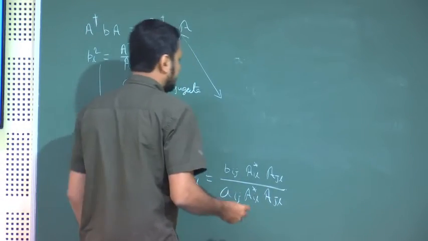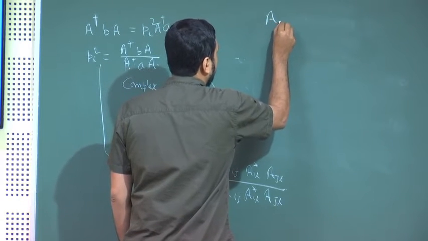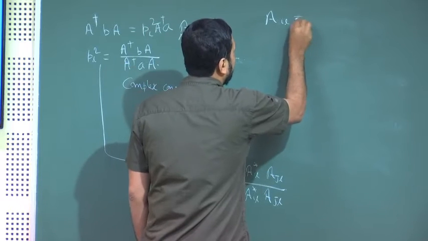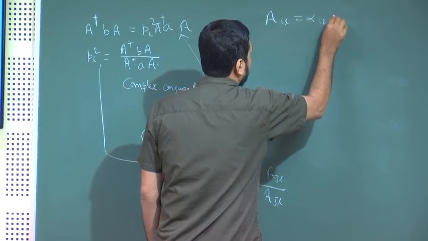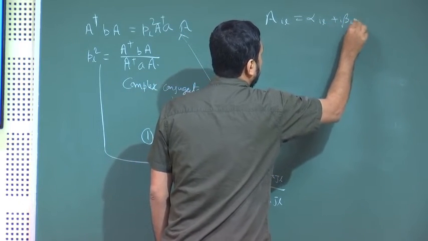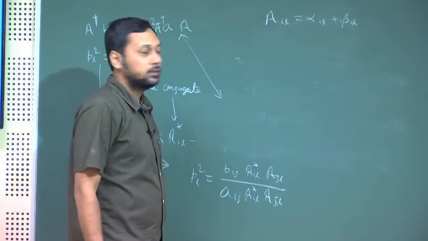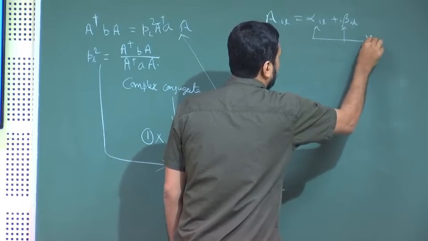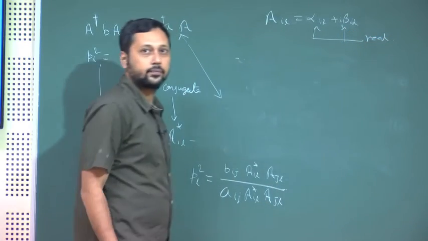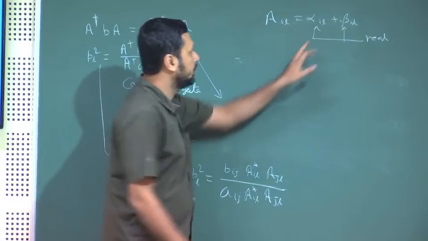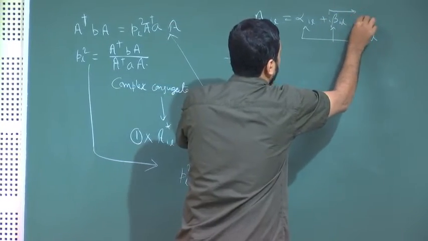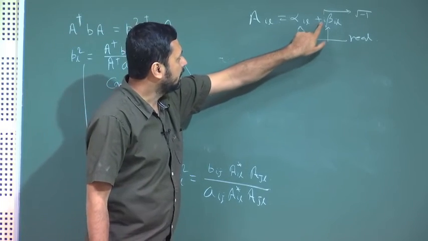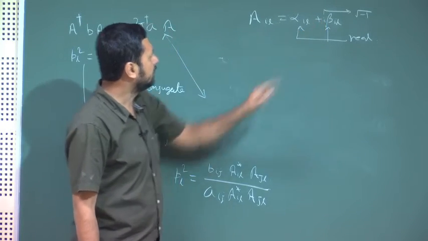So, let us say A I L is a complex number in general. We can decompose it into alpha I L plus I beta I L, where alpha and beta are both real numbers and I is equal to root over minus 1.